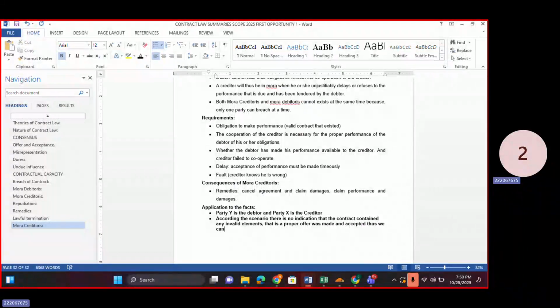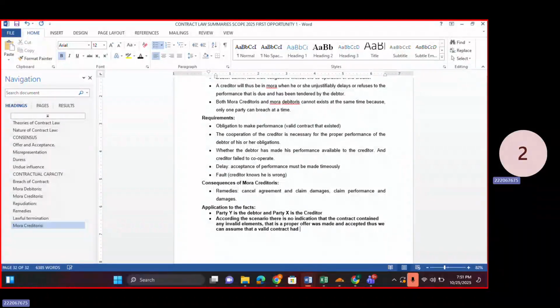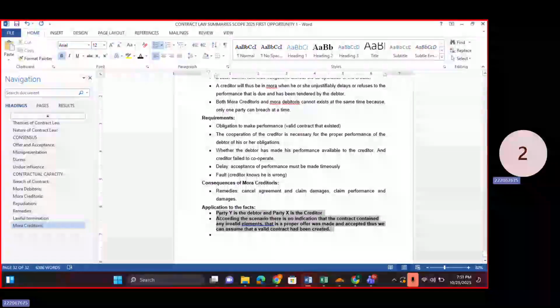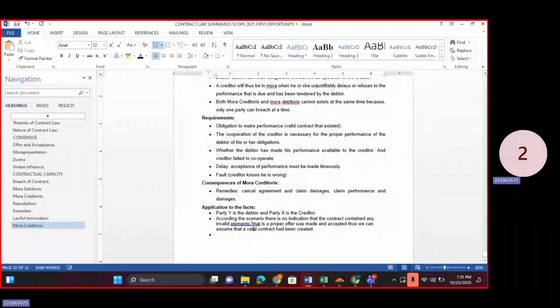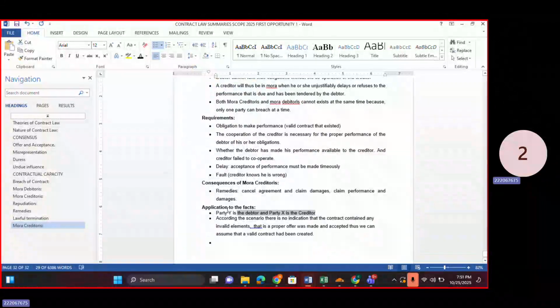Thus, we can assume that a valid contract had been created. We're just talking about what we are seeing. It's just observations of what you see, and that's how you apply what you're observing to the question.